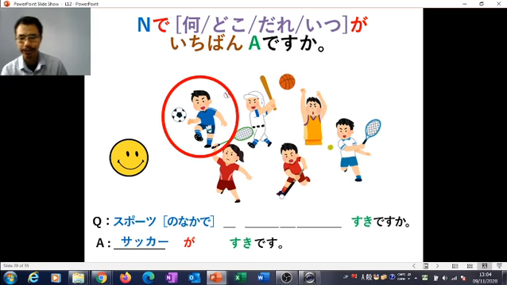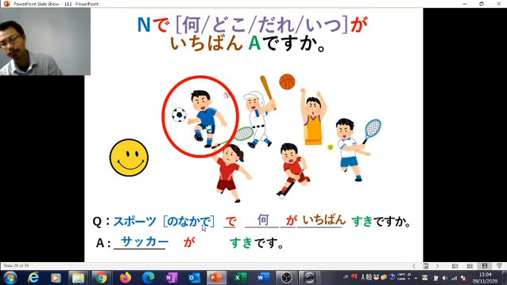If you want to ask a question, which sport do you like the most: スポーツで何が一番好きですか. This is the kind of question you can ask. This is related to an activity, so you can use the word 何. 何が一番好きですか. Inside the bracket here you can see の中で.